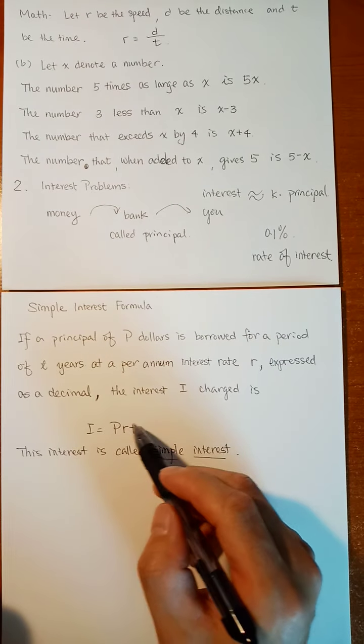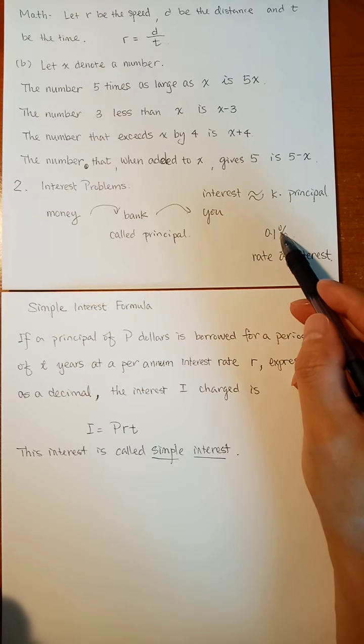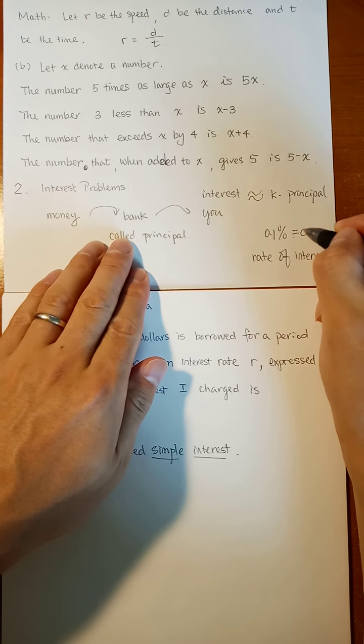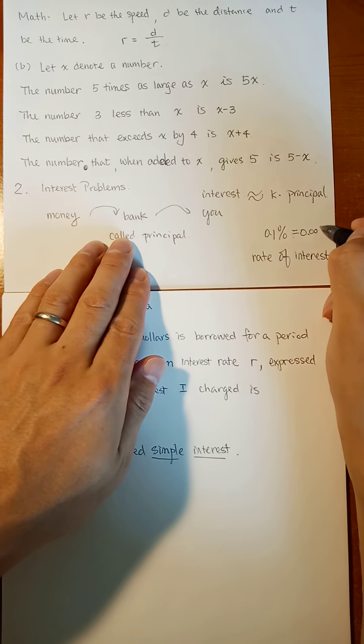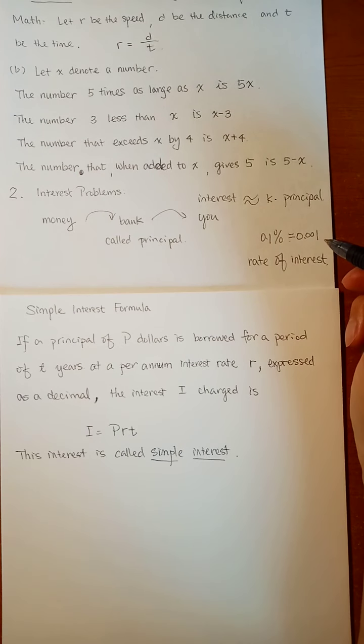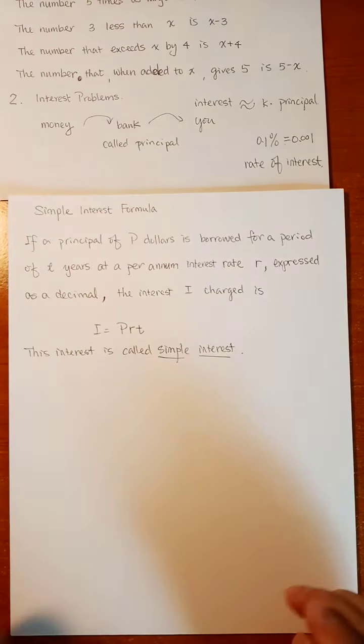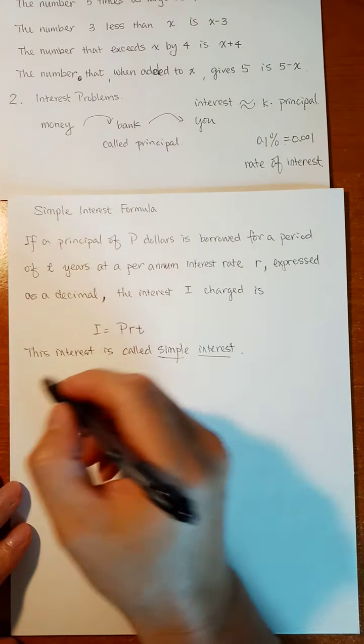When we use this formula, we will not use 0.1%. We will directly use 0.001. This is a decimal. You can easily do the product. Okay, good. Let's see the examples.